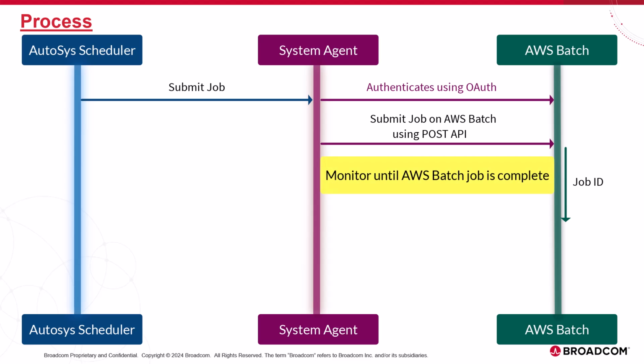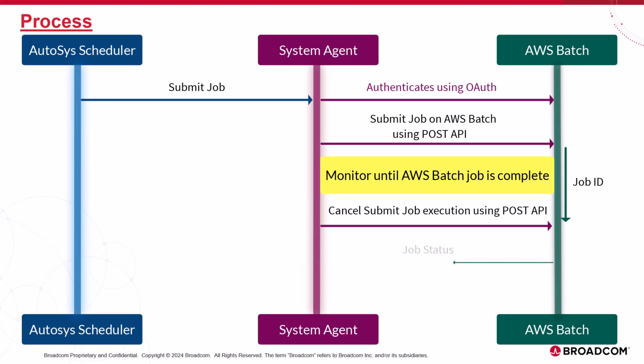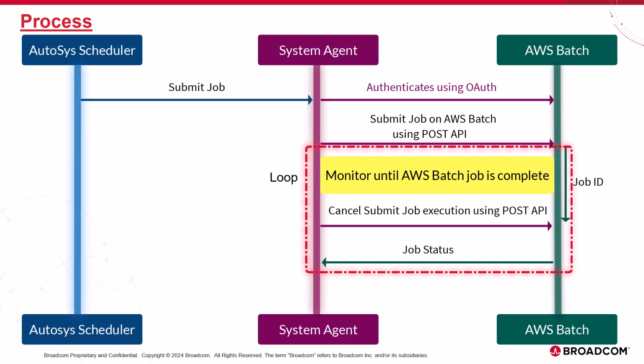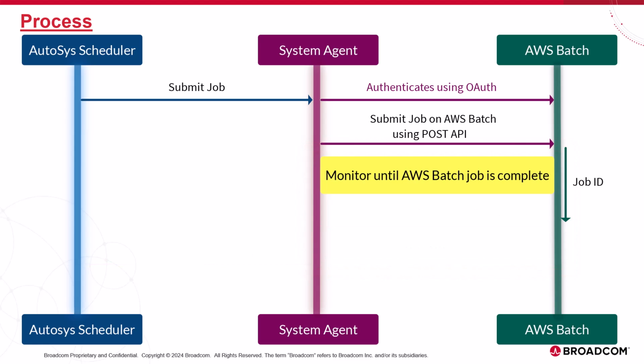During monitoring, if the cancel call is initiated, the cancellation process is prepared and triggered. An API call is made to the AWS Batch, which responds with either success or failure. Once it is complete, the monitoring status is printed indicating whether it passed or not. If the cancellation doesn't occur, then the monitoring continues until it reaches the terminal state.